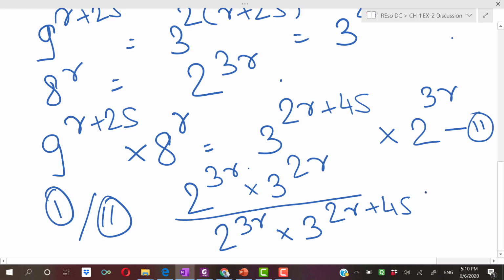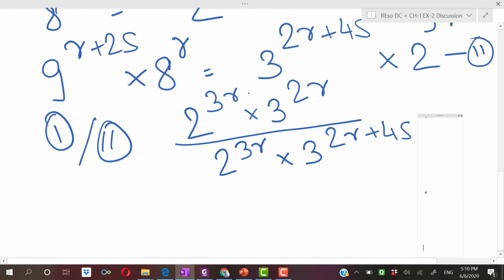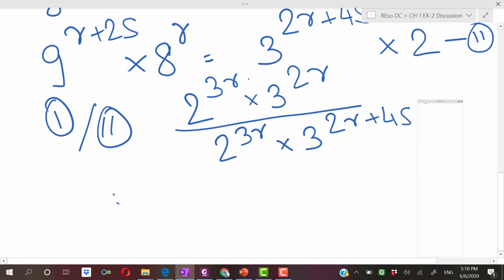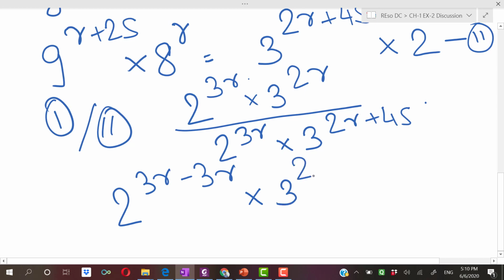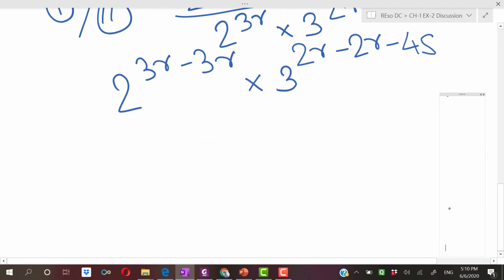So this will finally become equal to 2 raised to the power 3r minus 3r multiplied by 3 raised to the power 2r minus 2r minus 4s. So this will solve and this will be equal to 3 raised to the power minus 4s.